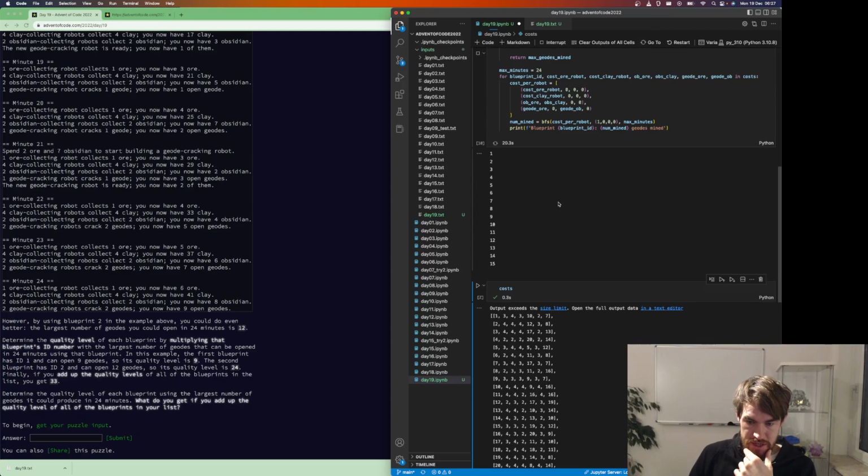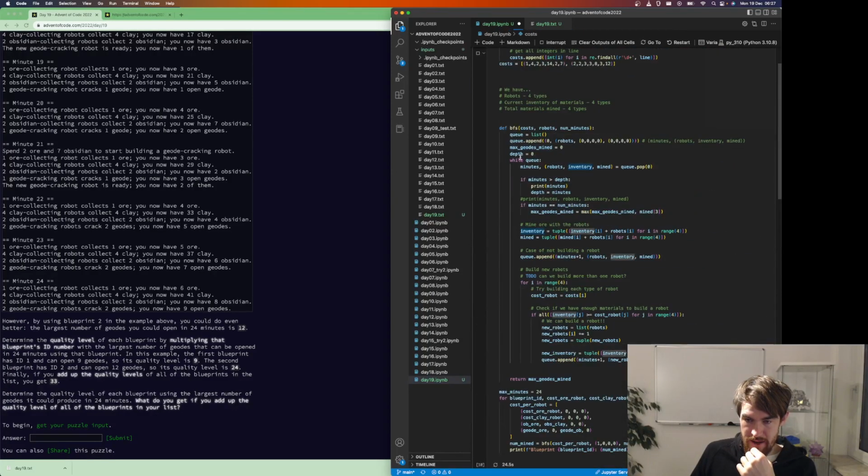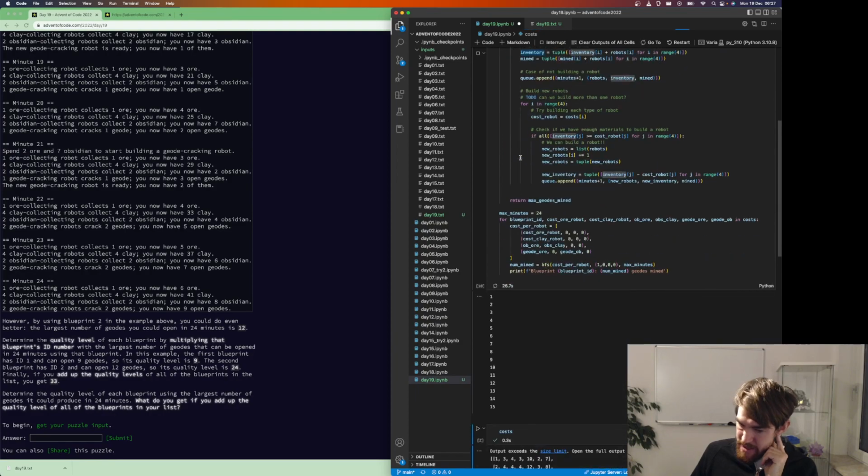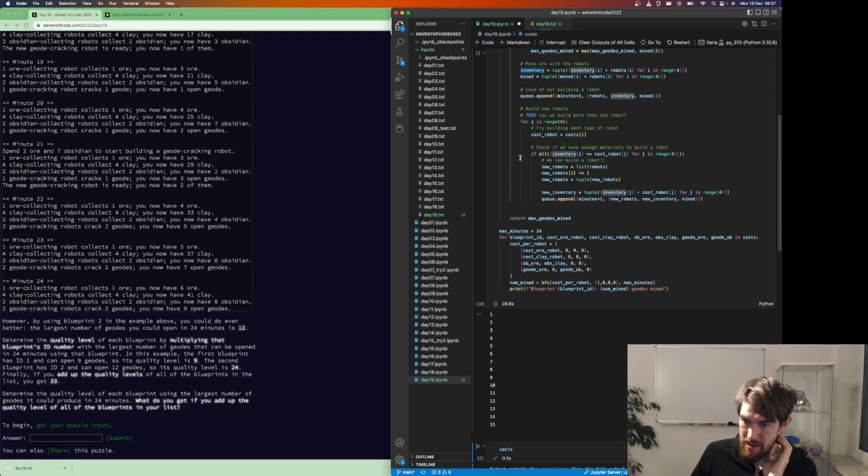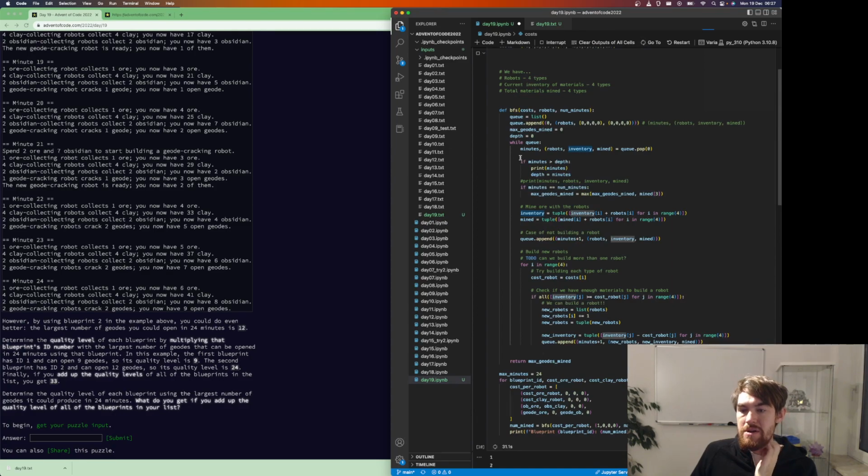So now the question is, how can we add a heuristic to how good a state is, where I'm assuming that the more geodes we have, the better.